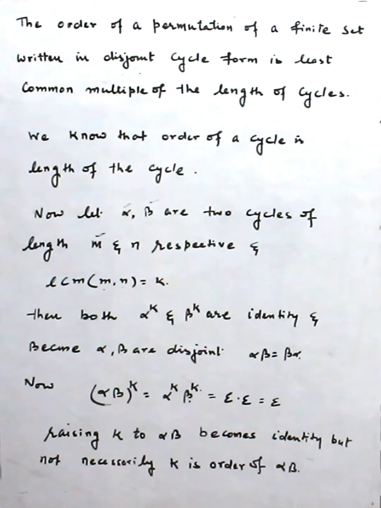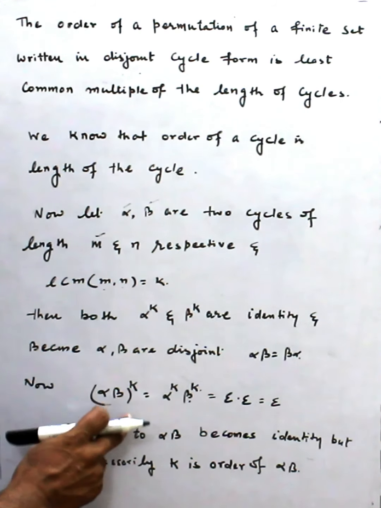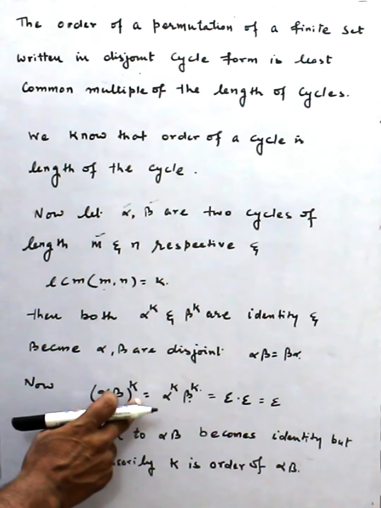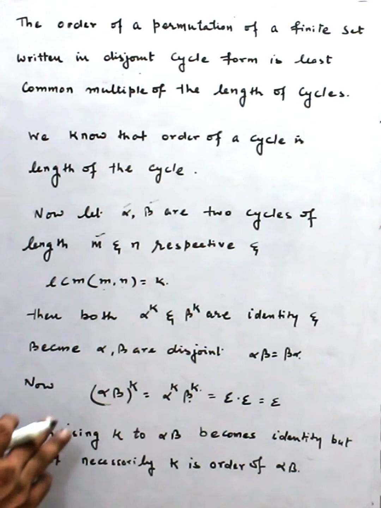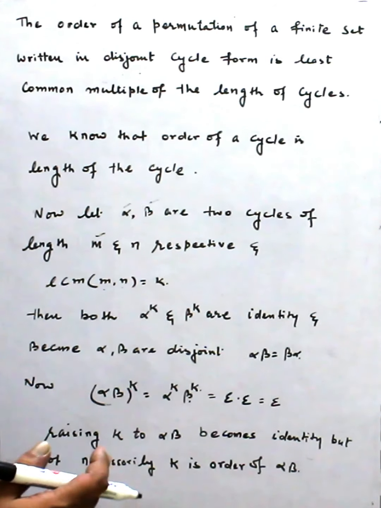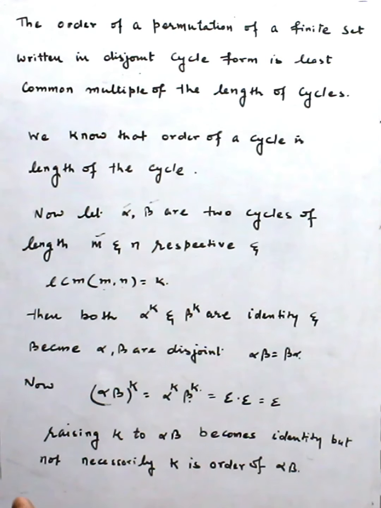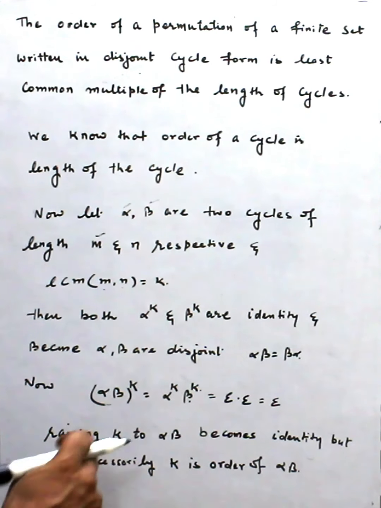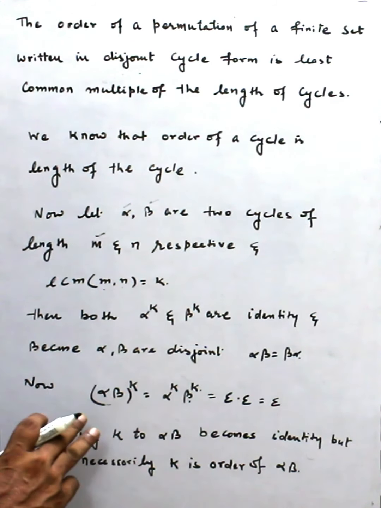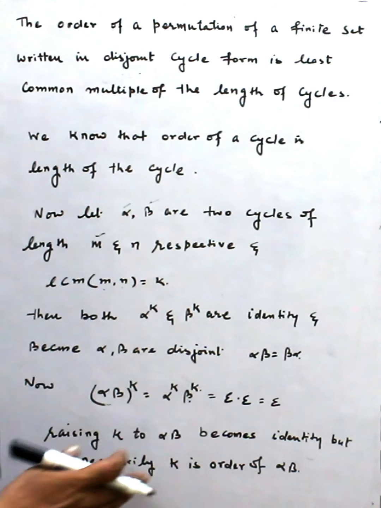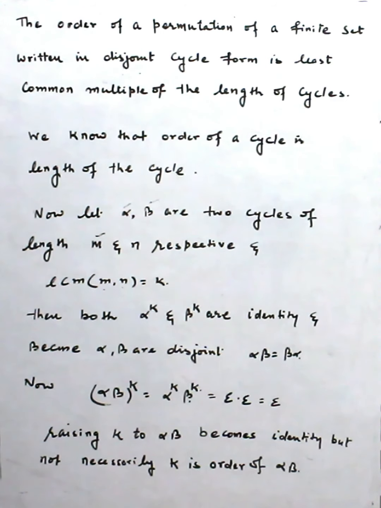So anyway, it is a fact that k is the least number, but we suppose that there is a smaller number than k which is the order, right? And we then show that that smaller number actually does not exist, it is equal to k, right?